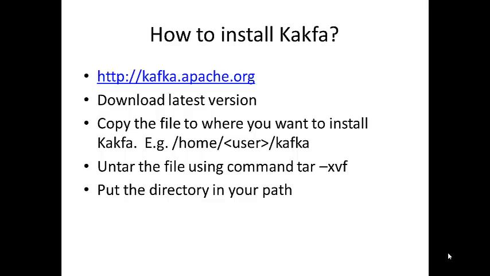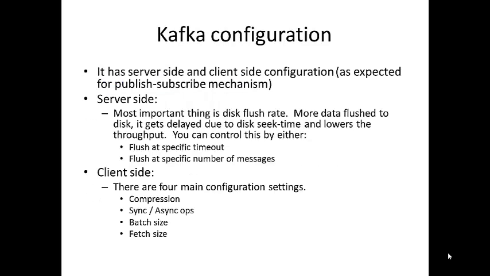How do you install Kafka? Kafka is available under the Apache license, and you can download the version and just untar the file, put it in the place where you want, and keep that in your path so you can access the Kafka executables. There are two configurations as expected, one on the server side and one on the client side. On the server side, it needs to understand the flush at specific timeouts.